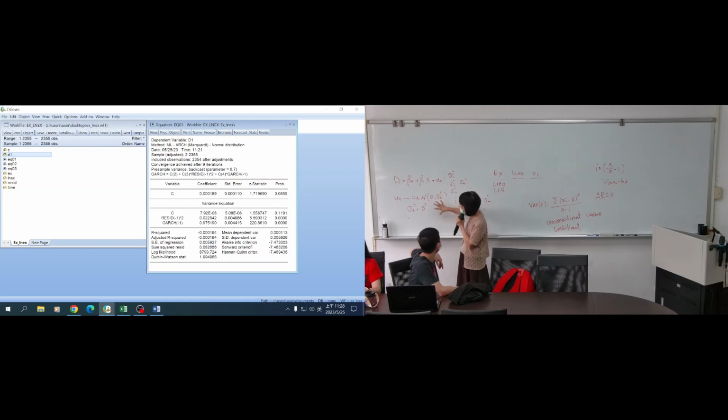Then after we consider this one, we control all these error terms, then it can estimate all this mean equation more accurately compared with the OLS model.